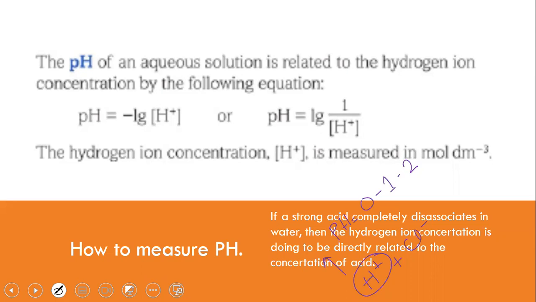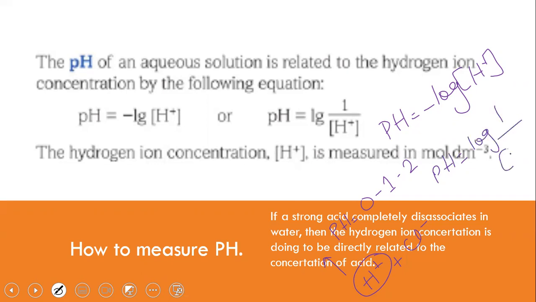Now, when we talk about the formula for it, there are two formulas. Either we can use pH equals minus log of the concentration of hydrogen ions, or we can do pH equals log of 1 upon the concentration of hydrogen ions.